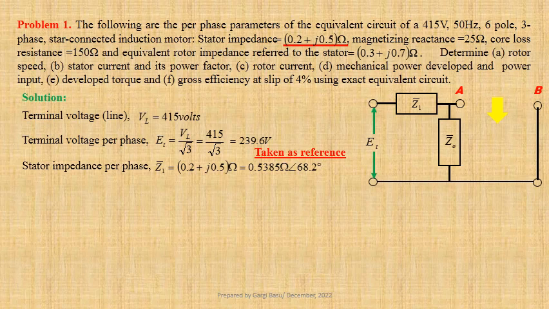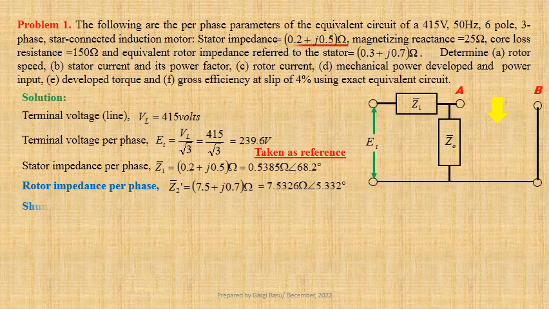We have determined rotor impedance per phase referred to the stator Z2 dash equals 7.5 plus j times 0.7 ohm, that is equal to 7.5326 ohm at an angle 5.332 degree, and shunt impedance per phase Z0 equals 4.0541 plus j times 24.3245 ohm, that is equal to 24.66 ohm at an angle 80.5377 degree.